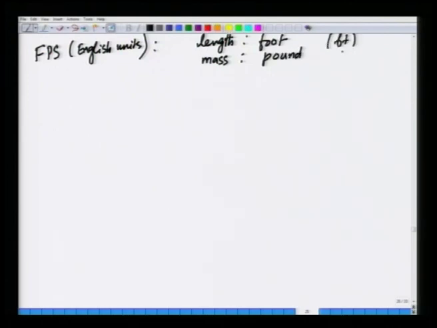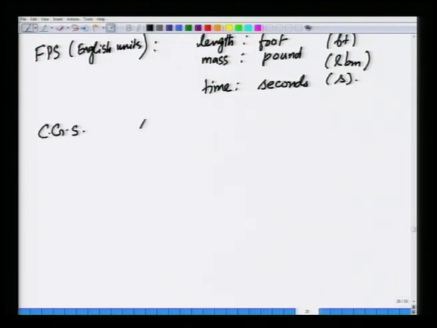It is denoted as Ft. A pound mass is denoted by Lb subscript m, and time is measured in seconds, which is the same as in SI. And traditionally people have also used centimeter gram second, where length is in centimeter, mass is in gram, and time in seconds.